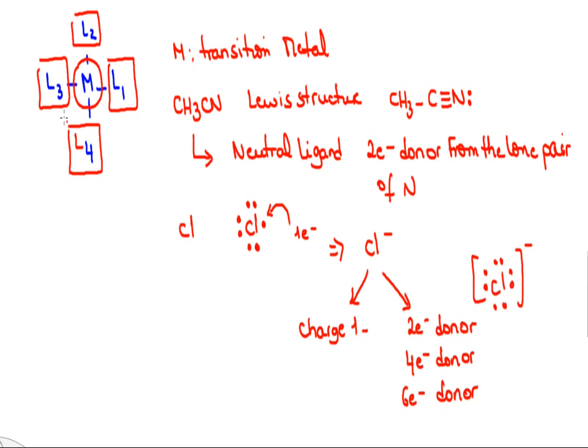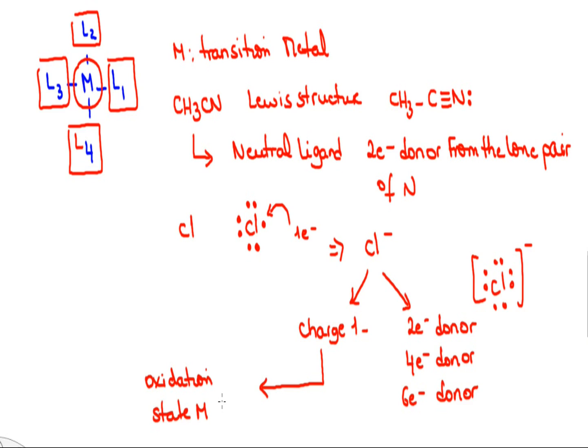After we write the Lewis structure of the ligands L1, L2, L3, L4, we can know the charge and the donation. And I repeat, the charge of the ligand is different from the donation. When we know the charge of the ligand, we can calculate the oxidation state of M.